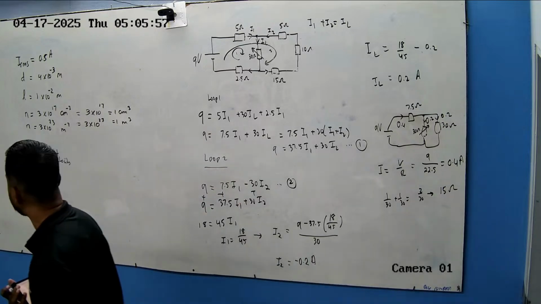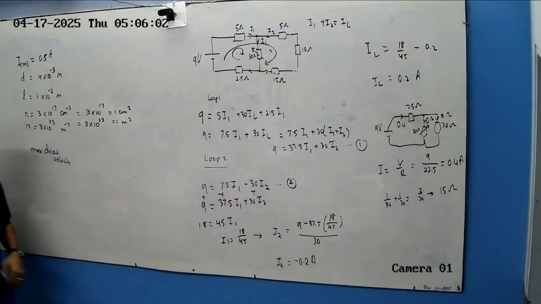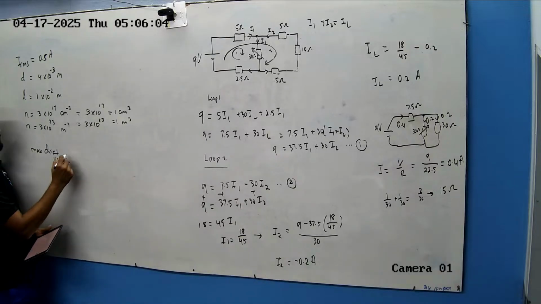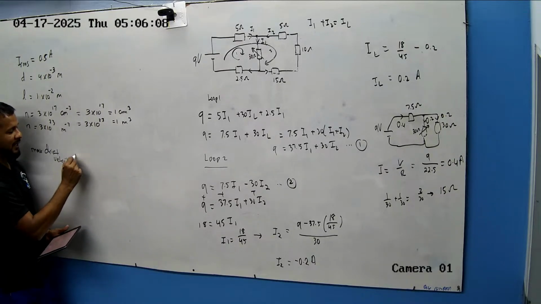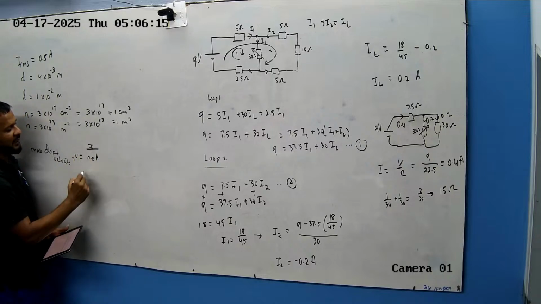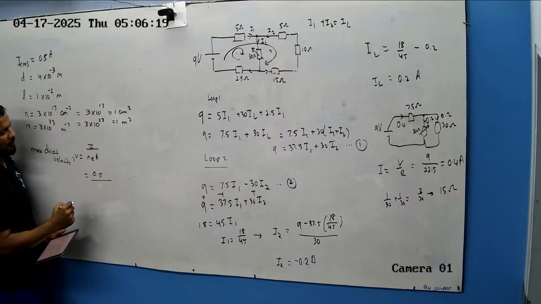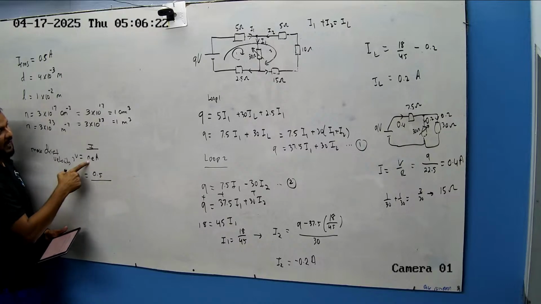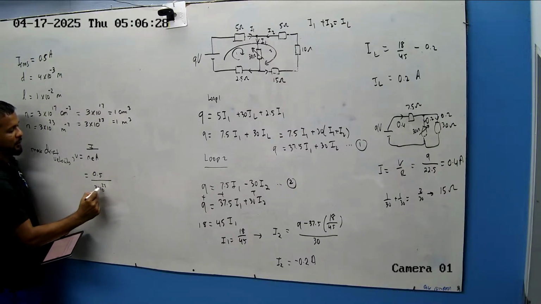Right, so we need to find the maximum drift velocity. How are we doing that? I think we make v the subject, because I have an I. What is I again? I is 0.5. N is 3 by 10 to the 23.